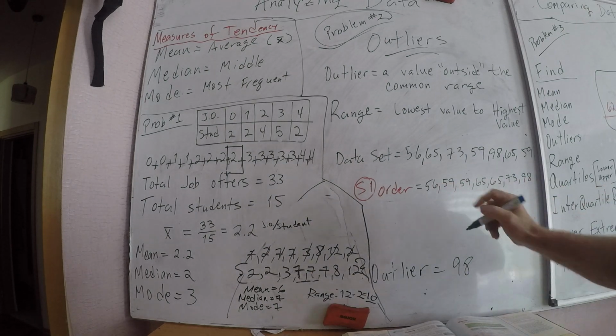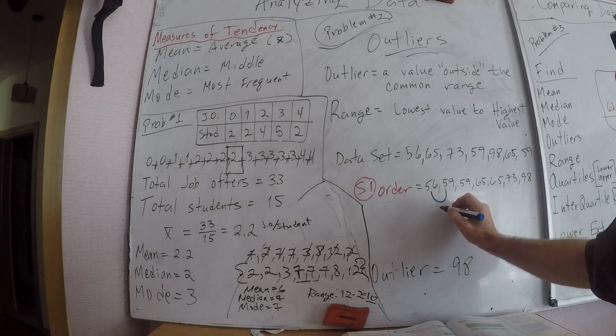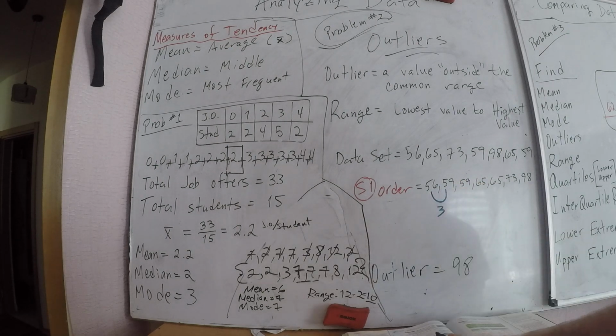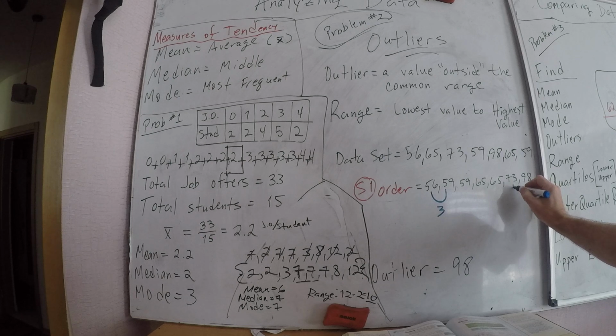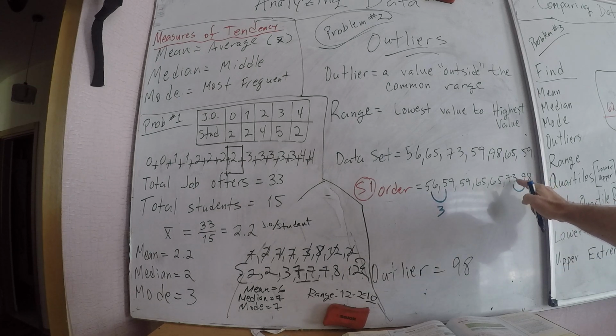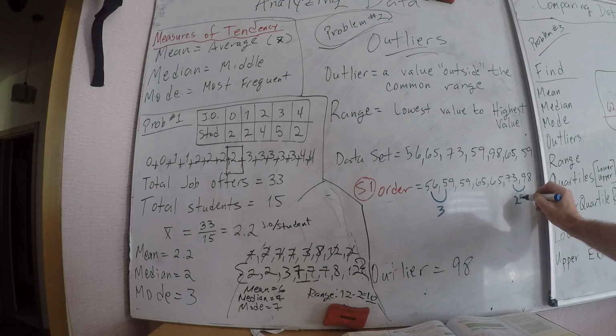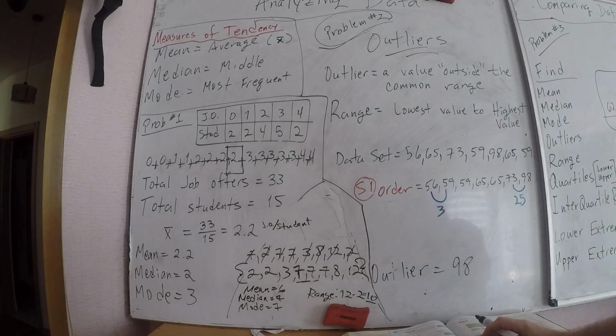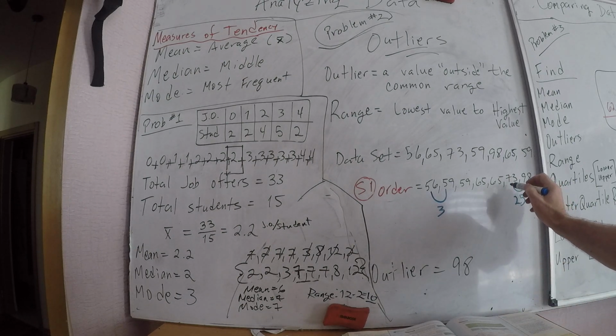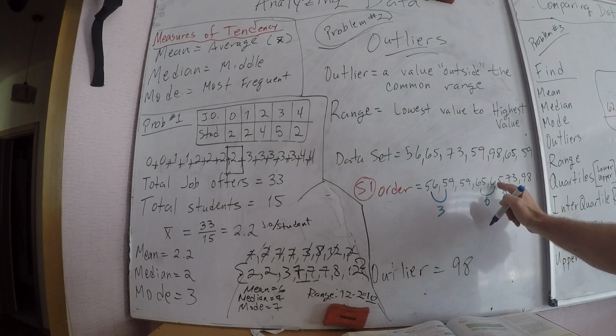From 56 to 59, you have a difference of 3. From 73 to 98, you have a difference of 25. That's pretty far away, right? From 73 to 65 is 8. There's no difference from 65 to 65.